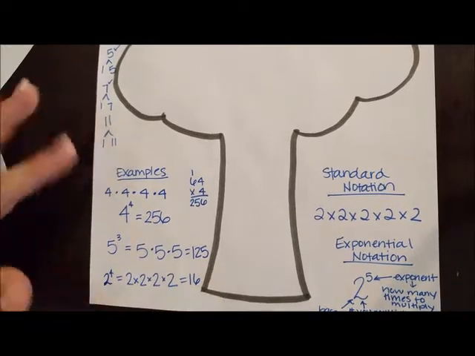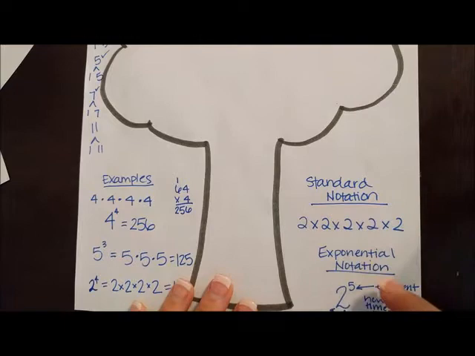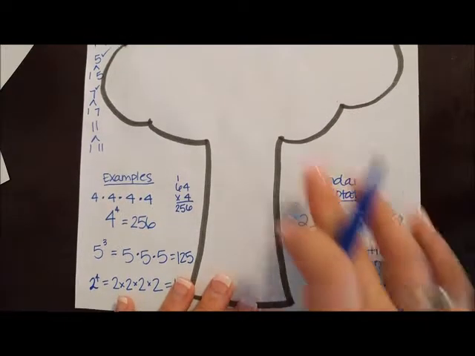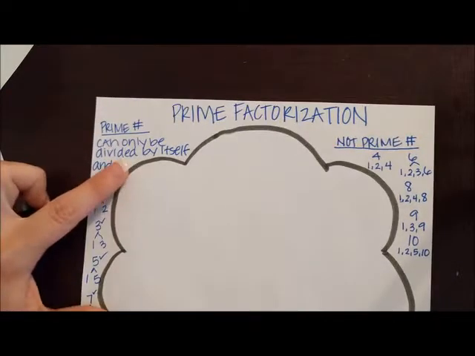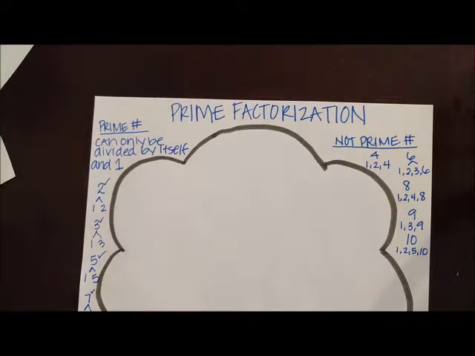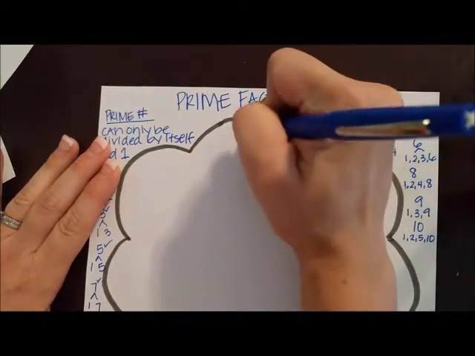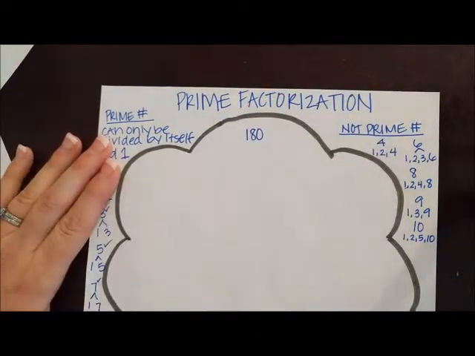All right, so now that we've dealt with standard notation and exponential notation, let's come up here and let's practice our prime factorization, making factor trees. So how we're going to do that is we're going to start out with a number, okay? We're going to start out with the number 180.